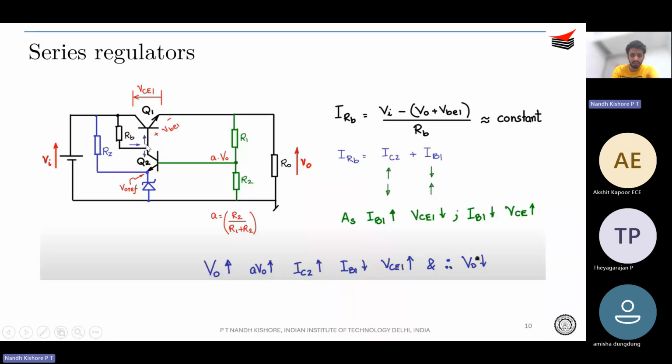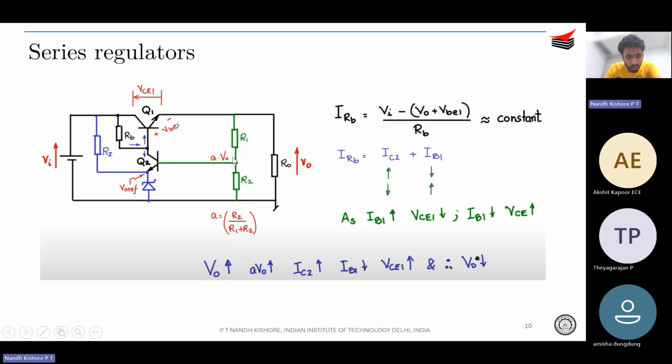In order to achieve that, you have another BJT. This is kind of a subtraction mechanism, because at the emitter you have the V0 reference, and at the base you have the tapped out V0. So what you get across VBE is actually A V0 minus V0 ref. This is kind of the difference.